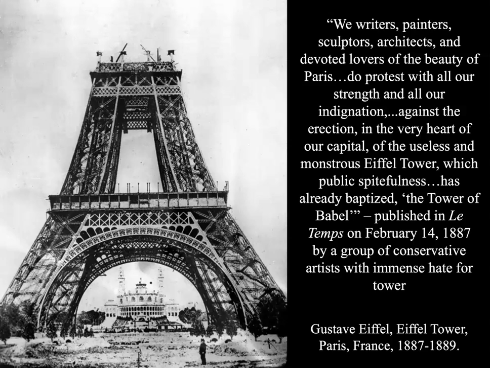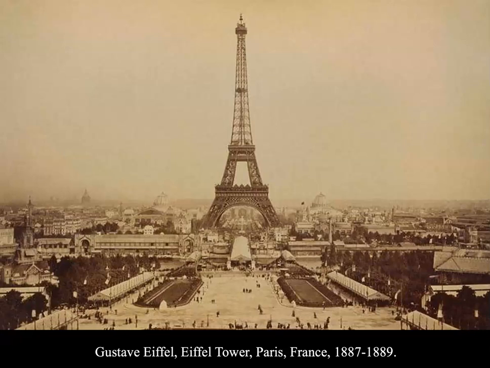So people really had mixed feelings about the tower, and it's crazy now to think of the Eiffel Tower as the symbol of Paris and of France, and people think about it as this massive monument. But a lot of people thought it was a big, massive piece of metal stuck in the middle of the city.